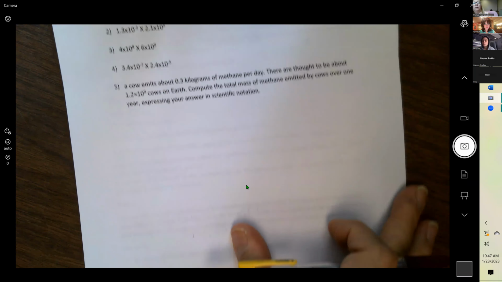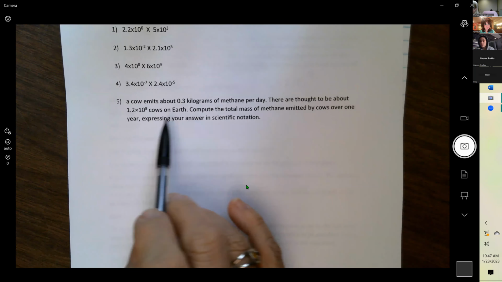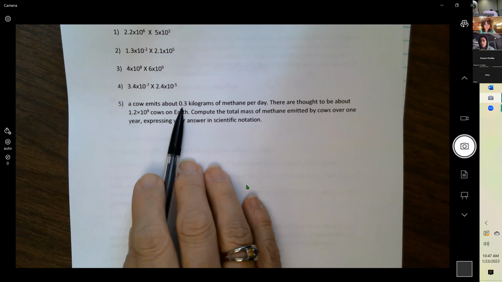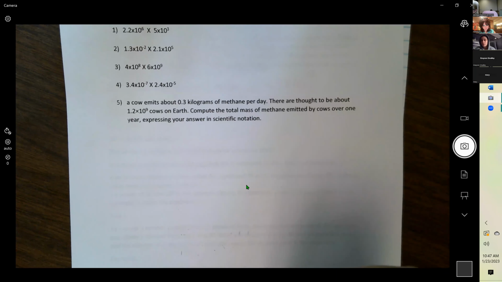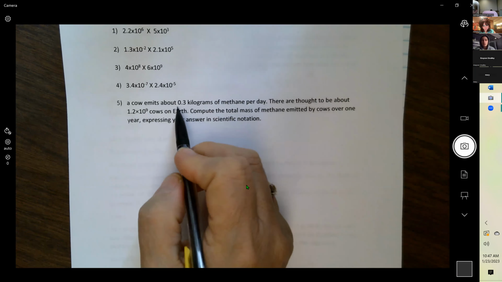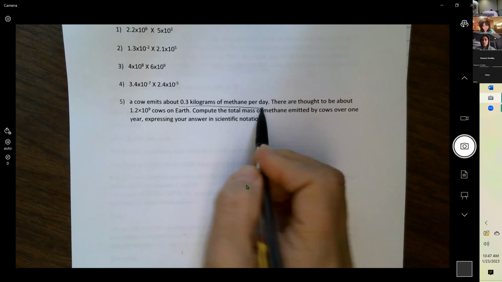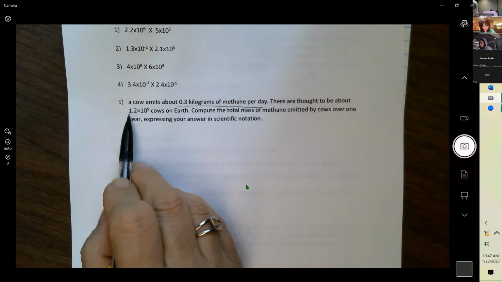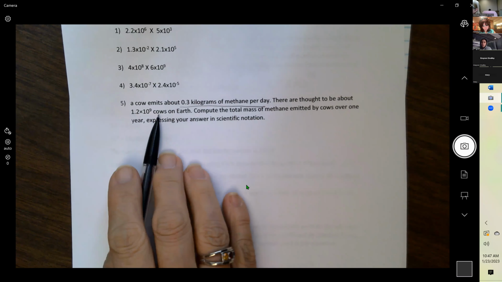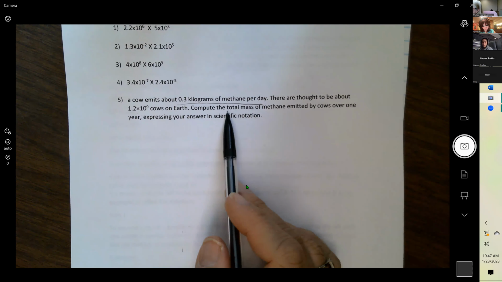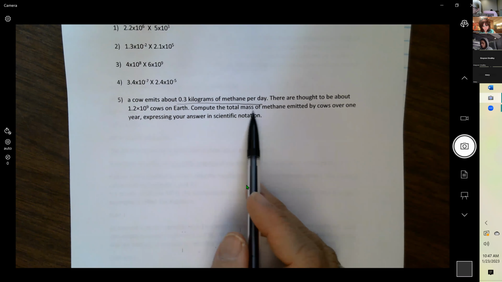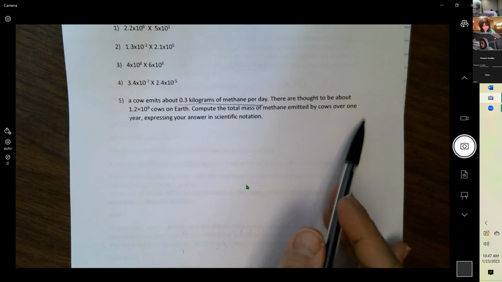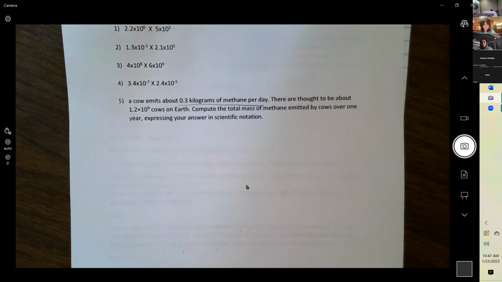It's right on here. A cow emits about 0.3 kilograms of methane per day. There are thought to be about 1.2 times 10 to the 9 cows on Earth. Compute the total mass of methane emitted by cows over 1 year.